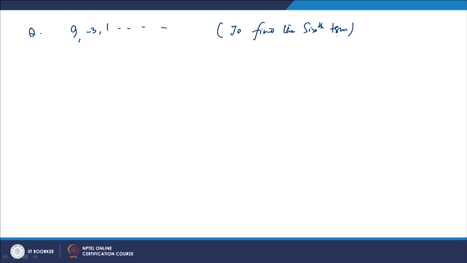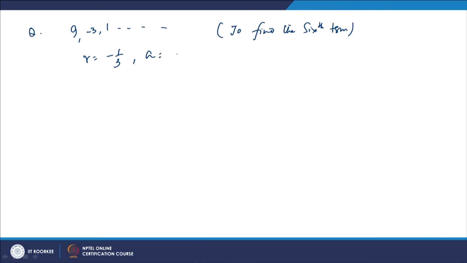Looking at this progression, you can see that you have a common ratio, that is minus 3 by 9, which is minus 1 by 3. You can also get it from 1 by minus 3, so r becomes minus 1 by 3, and a is basically 9.